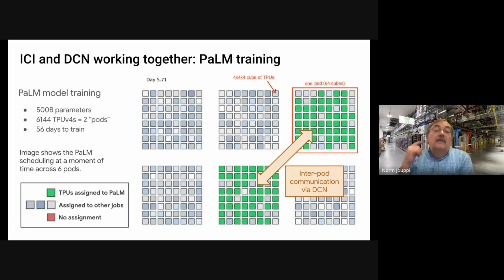Oh, and this is a reminder that the communication between the pods is done via a regular data center network.